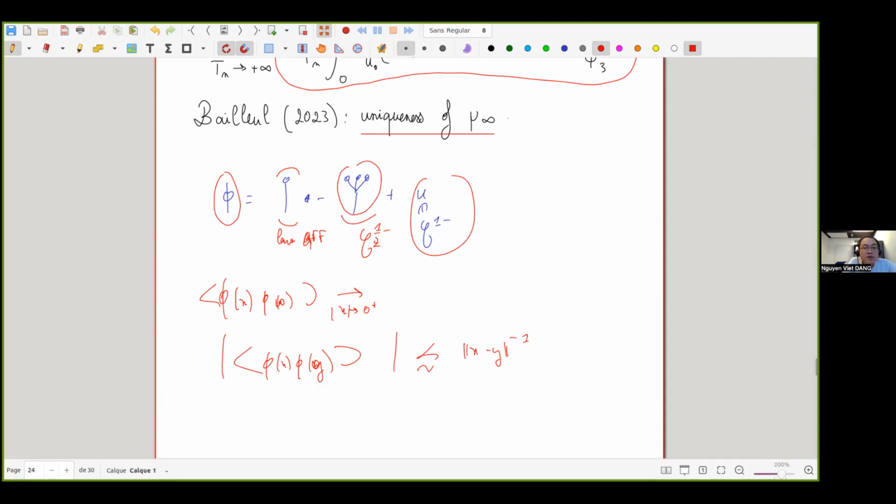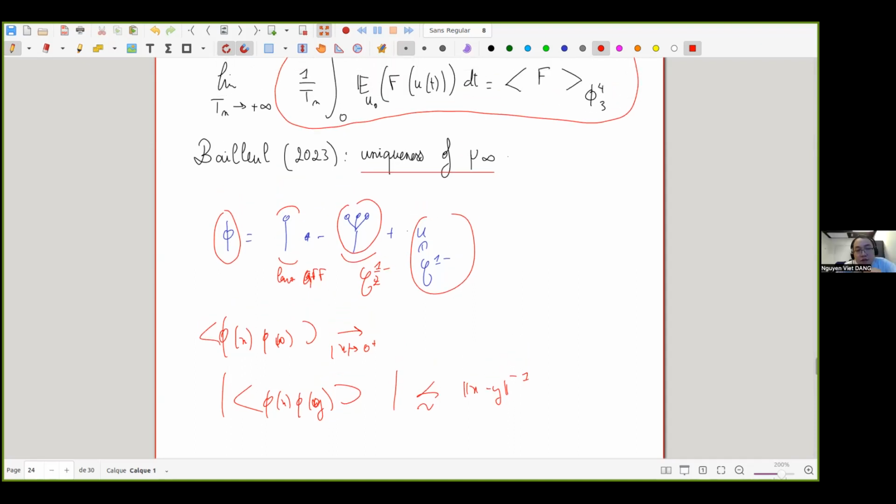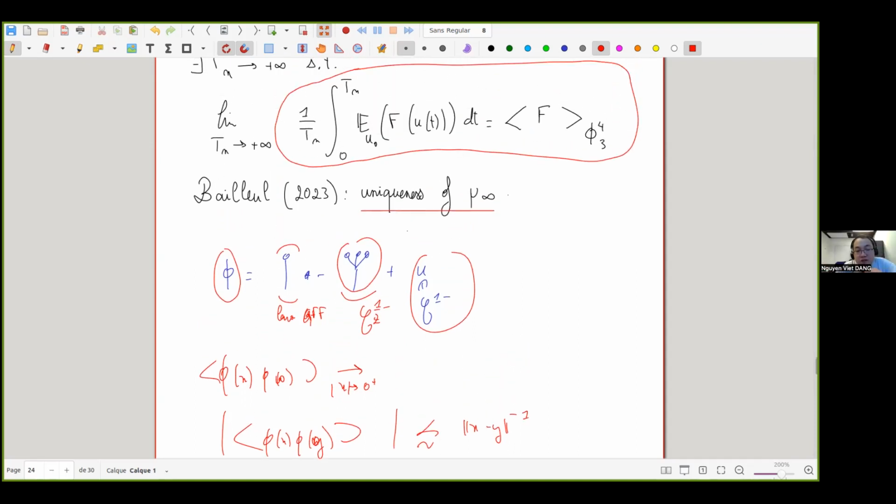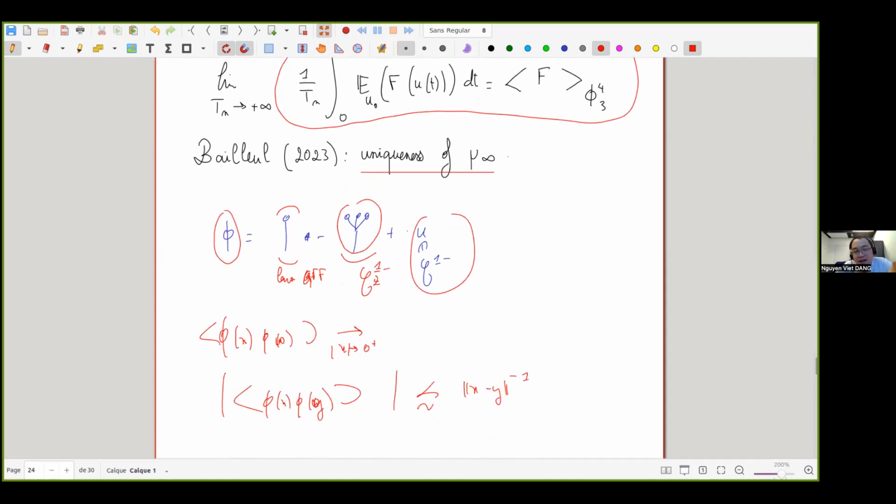But the OPE is much more ambitious. It is like asking for an asymptotic expansion. And for the moment, from what I understand from SPD, I don't know how to get OPEs. You mean you cannot push the expansion past the first term? You cannot get the next? Yeah, because U, at least to my knowledge, is solved by using a fixed point. But to be honest, I don't know many constructive theories where you can prove the OPE.